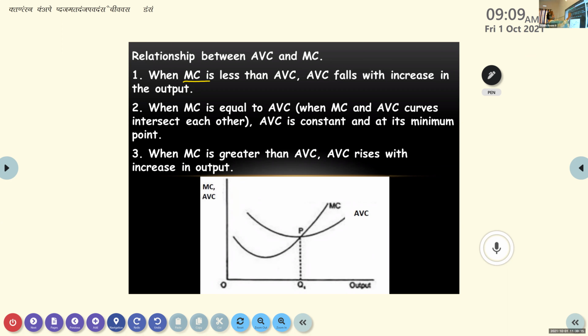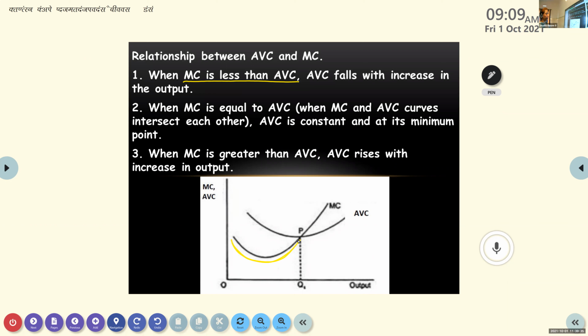When MC is less than AVC, that is this part, you can see the same relationship you saw between MC and TC, the same relationship you can see between AVC and MC also.